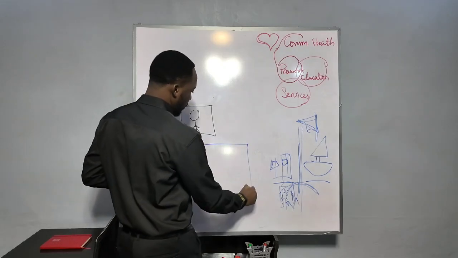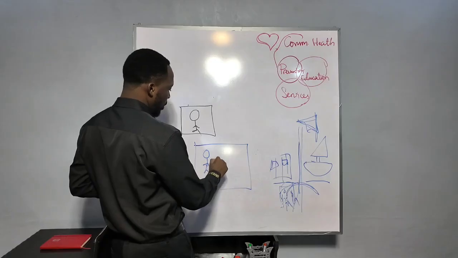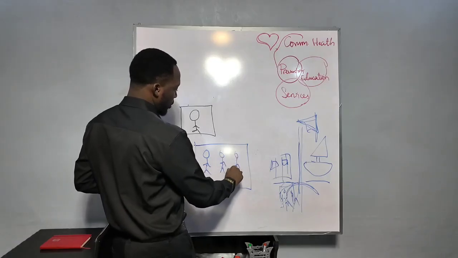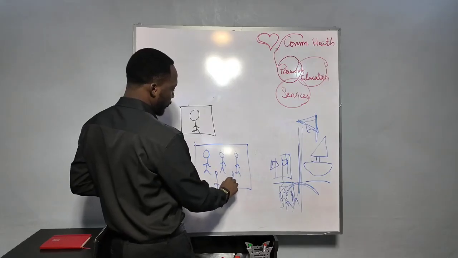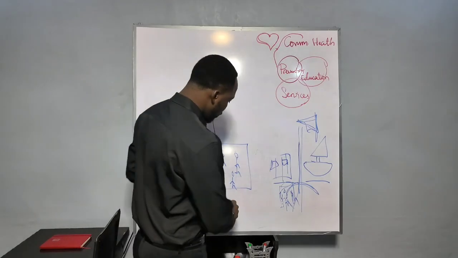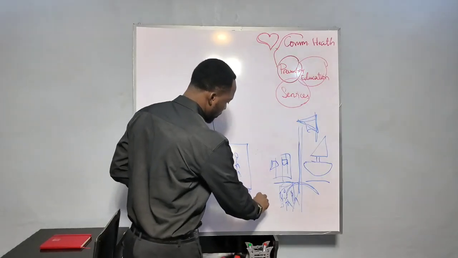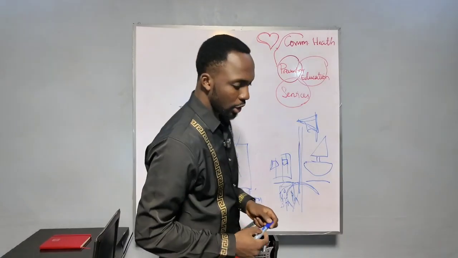In epidemiology and community health, you're focusing on a group of people. So, one of the concepts that is very important to take note of is this population focus. We have a population focus in epidemiology and community health.